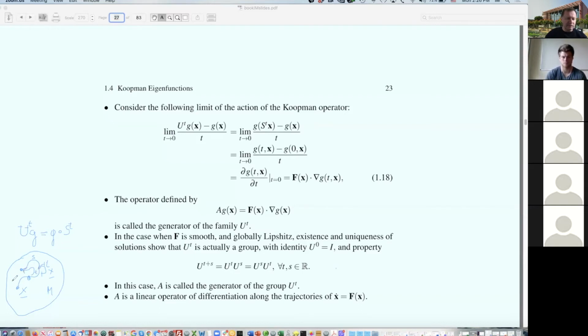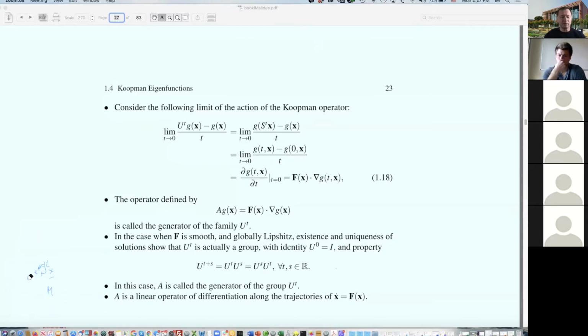Because the total time it's going to take me from here to here along the trajectory is always the same. Whether I split it into first t seconds and then s seconds, or s seconds and then t seconds, it doesn't matter. And so what that means is that the application of this mapping St is actually commutative, right? You can first apply Ss and then St, or you can first apply St and then Ss.